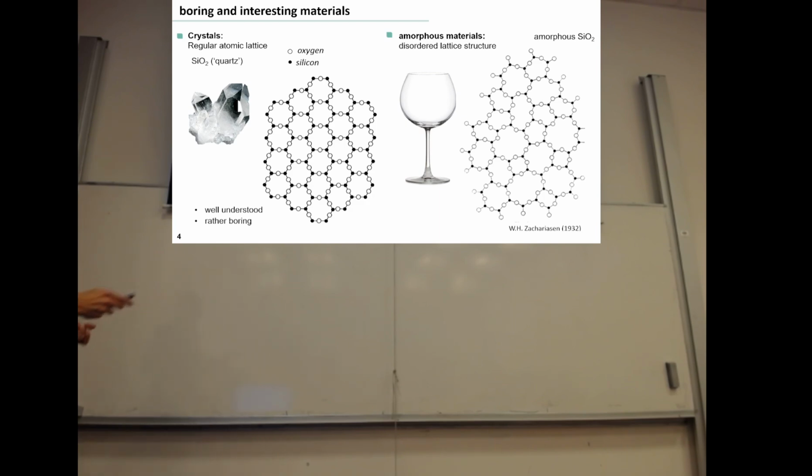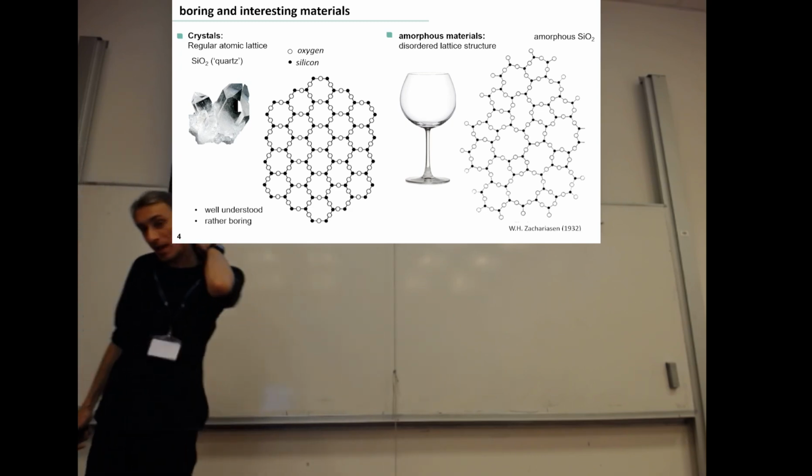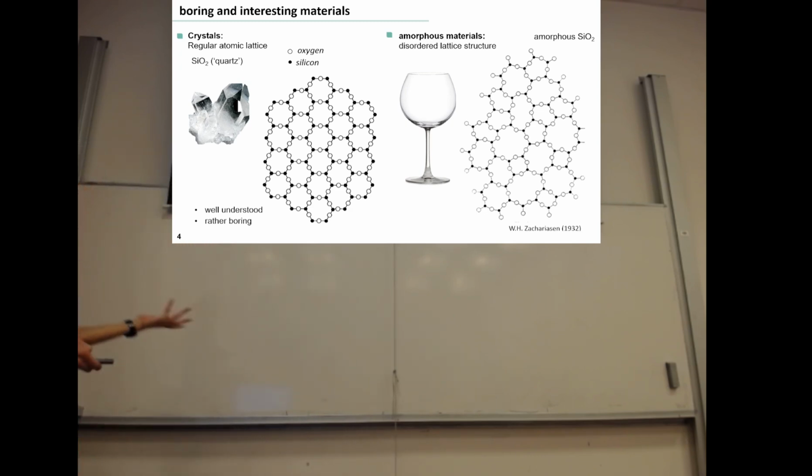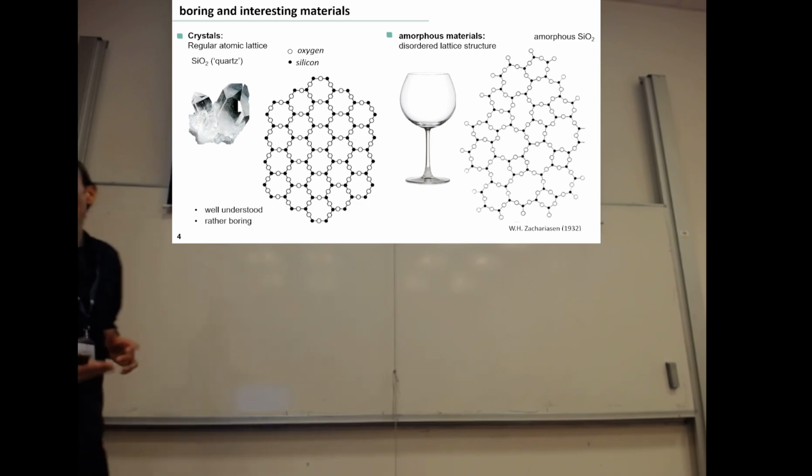So there are no longer these regular ring shapes. For example, you find smaller rings and larger rings here, and not always these hexagons like in the crystalline version. Now you can of course argue, well, this crystalline version has some beauty to it, it's very symmetric, but from another point of view it's also kind of boring because it's completely understood.